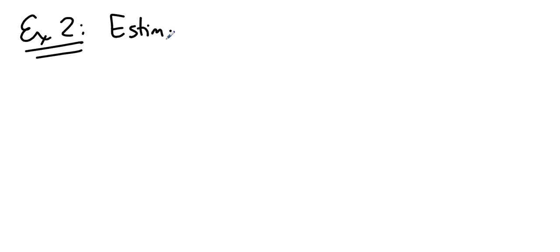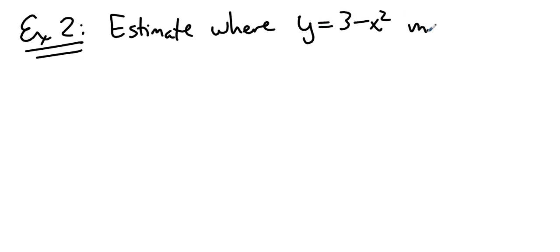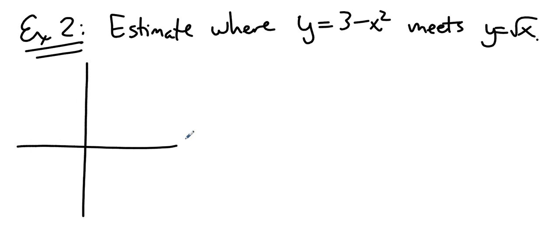I'll show one other. Let's estimate where y equals 3 minus x squared meets y equals radical x. So you've got this function and this function. Where is that point?